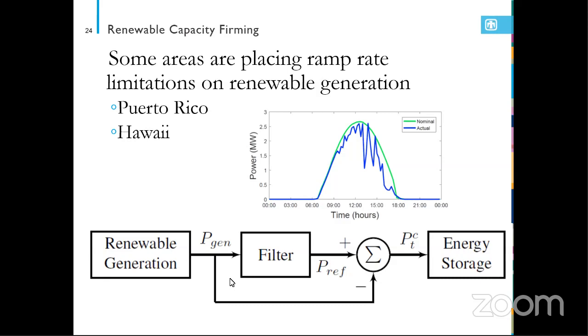And so the implementation is relatively straightforward. You just have to design some kind of filter which makes sure that you always meet whatever the spec is for maximum rate of change. And then you find out the difference between that and what the output of your renewable generation is. And then you send that command signal to your energy storage to smooth out the renewable generation.